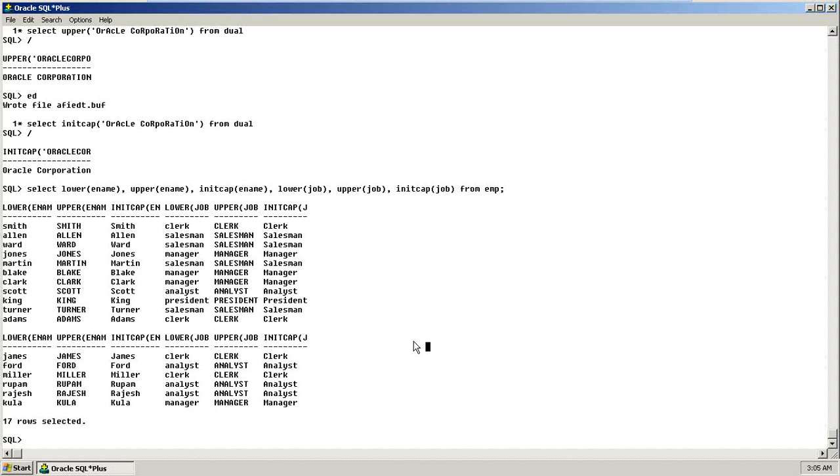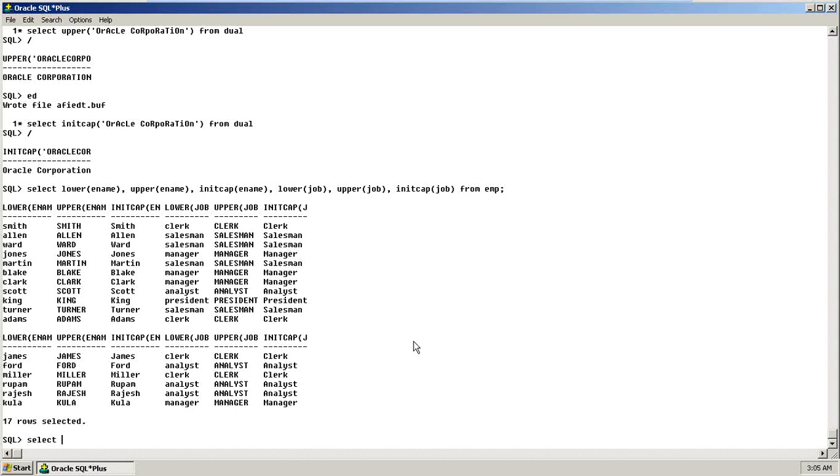Already we learned about the concatenation symbol. So here I have a function also for the concatenation. This function is used to concatenate two string values.